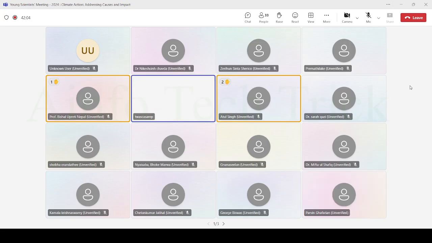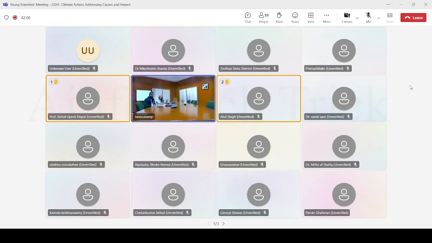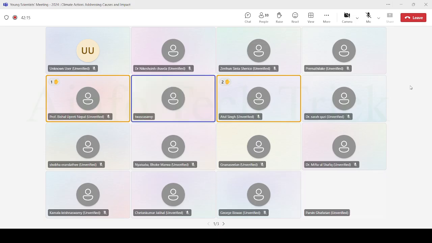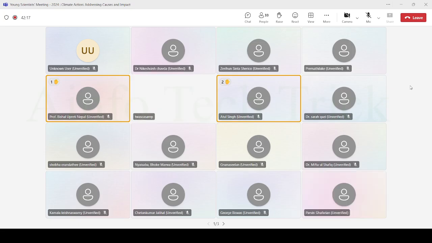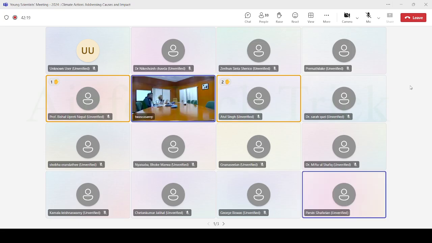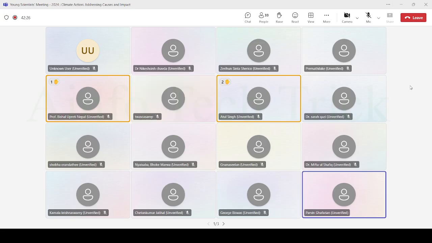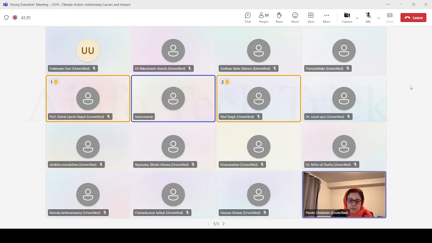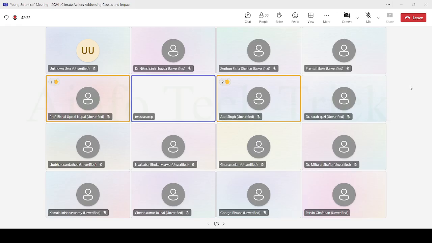You have to connect with the application, then only the share option will come. Just try to download the application and then share your screen. Take your own time, Dr. Parveen. You can download the application and then get connected with us.